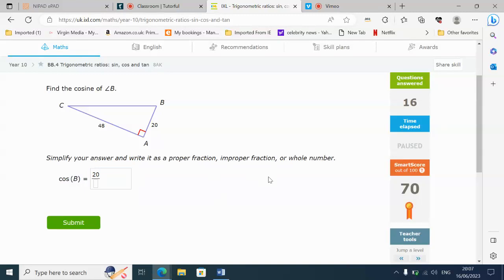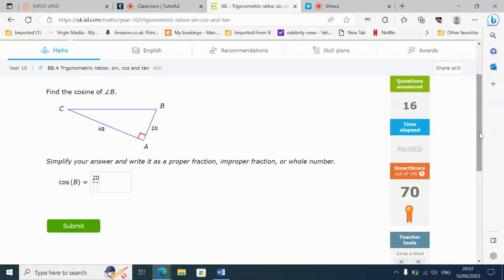So 20 squared is 400, plus 48 squared, which is 2,304.